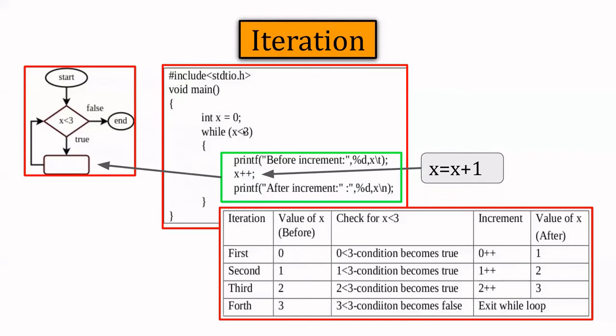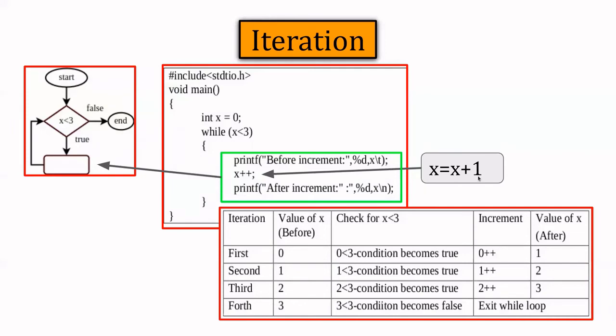Here you can see first x equals 0. Then before increment, x value is 0, and after increment it is 1. This sign equal to, x equal x plus 1.